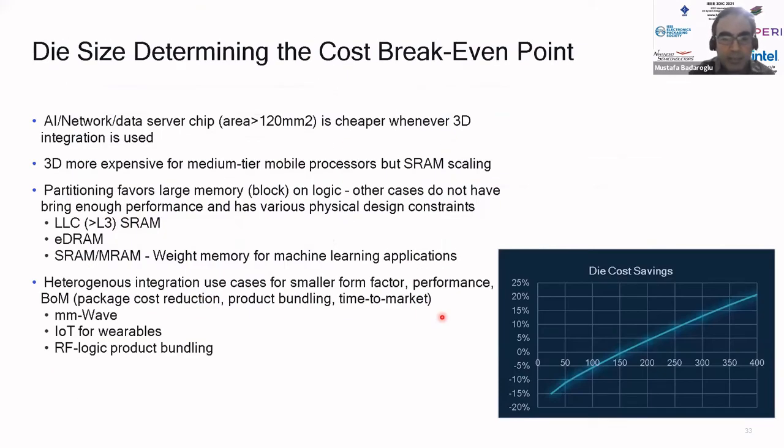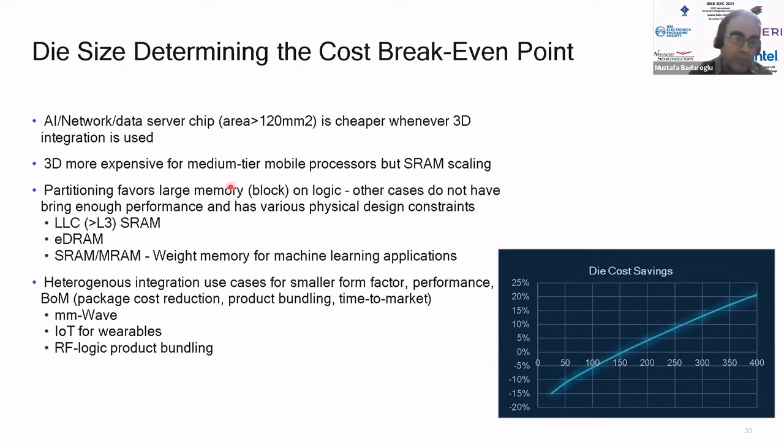Taking all these considerations, like process complexity, die cost, as well as the 3D integration costs, the cost parity between the 2D and the 3D die occurs around 125 to 150 square millimeter area. From that point on, for any die size larger than that, 3D is bringing a significant cost advantage.